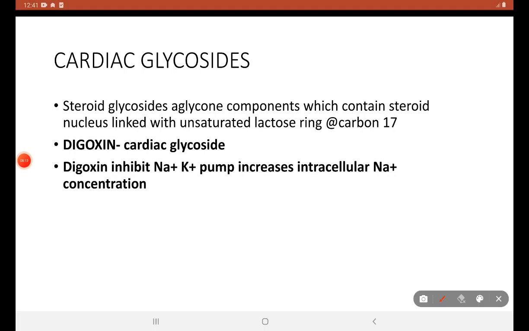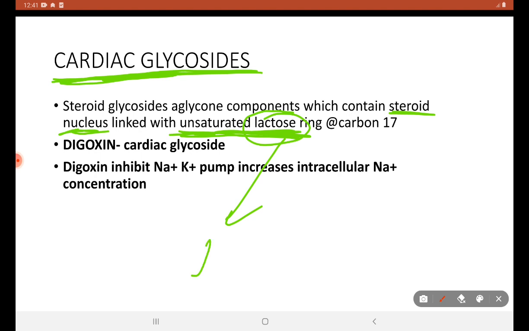Next, cardiac glycosides. In cardiac glycosides, the steroid nucleus is linked with an unsaturated lactone. Other things are linked with glucose.